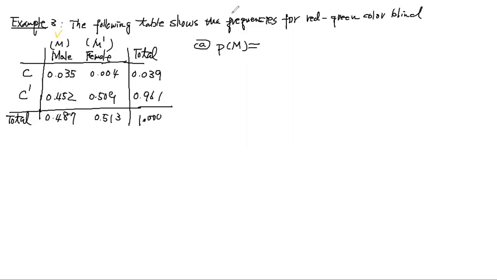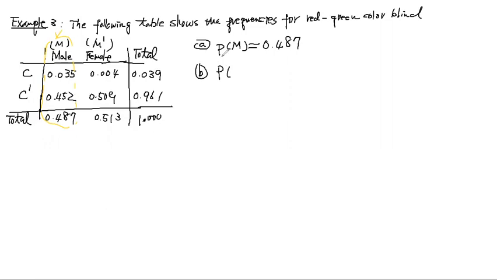So this will be 0.487, right? This column is the males, so in total we have 0.487 male.